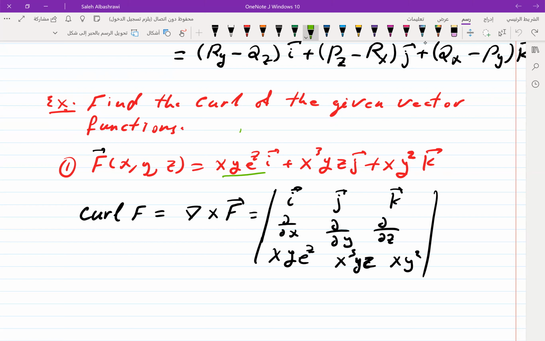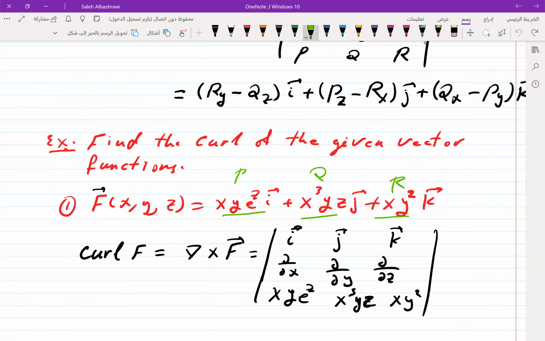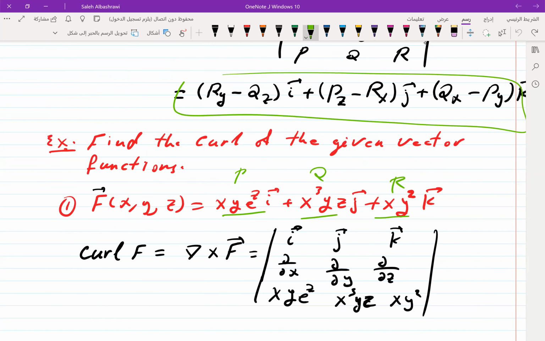So the first one is P, the second one is Q, the third one is R. So I can use this, or I will just use the direct formula, which is R sub y minus Q sub z, and the other partial derivatives.